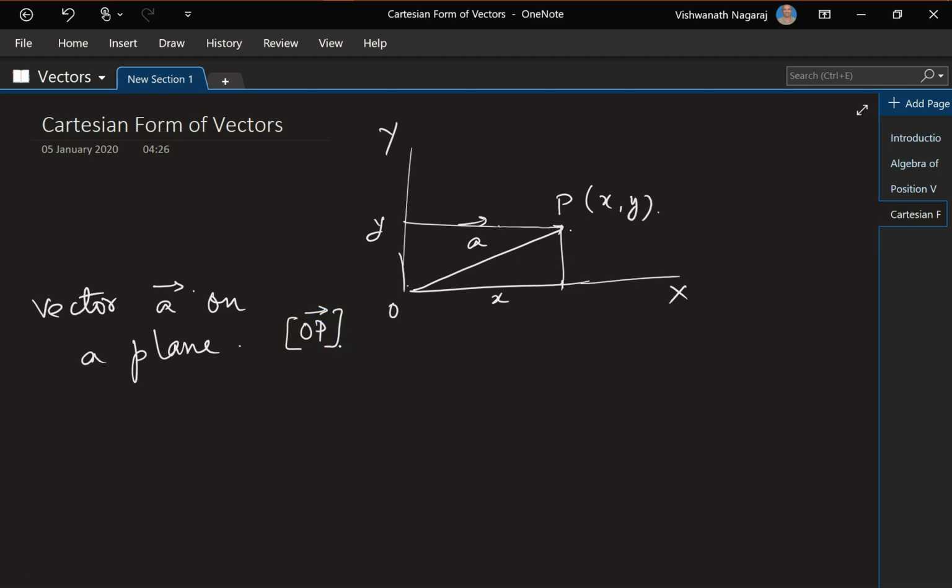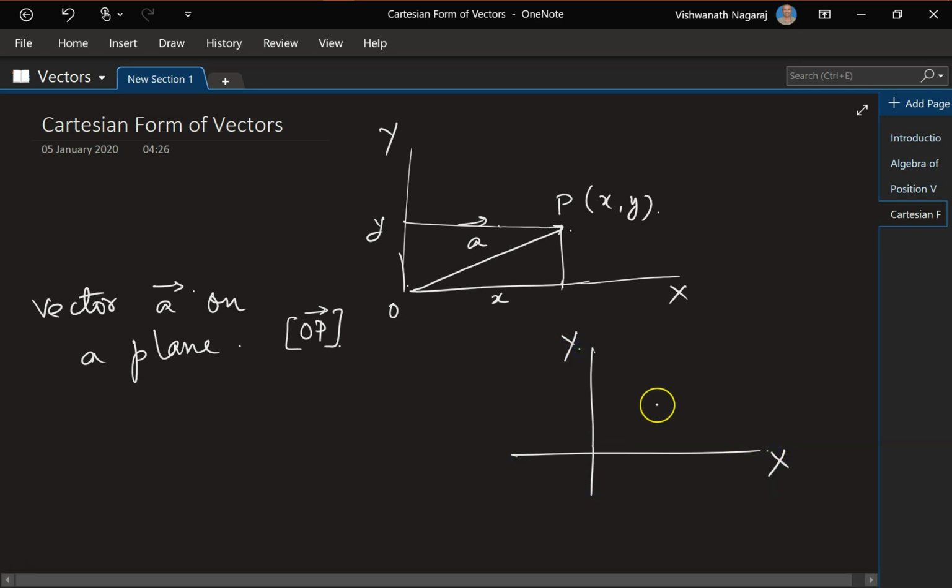Now remember, you don't necessarily have to take the initial point of the vector as the origin of the coordinate system. You could have something like this. So you have x, you have y, and you have a vector like this.